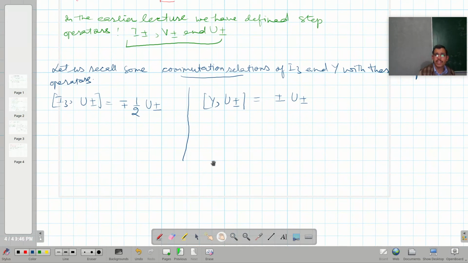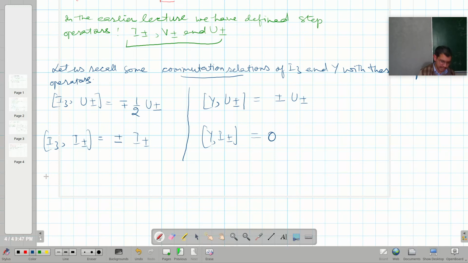Another commutation relation is that I3 comma I plus minus is equal to plus minus I plus minus, and similarly Y with I plus minus, its commutation relation can be written as 0, means it is a commutator and they commute.